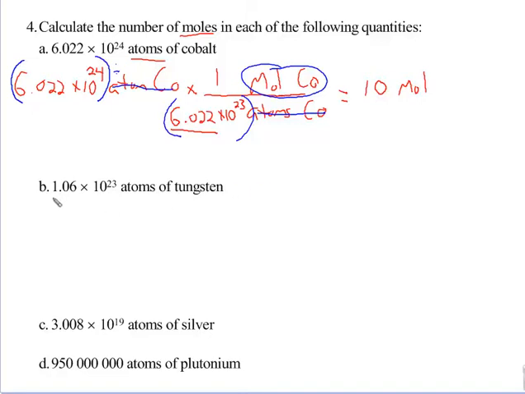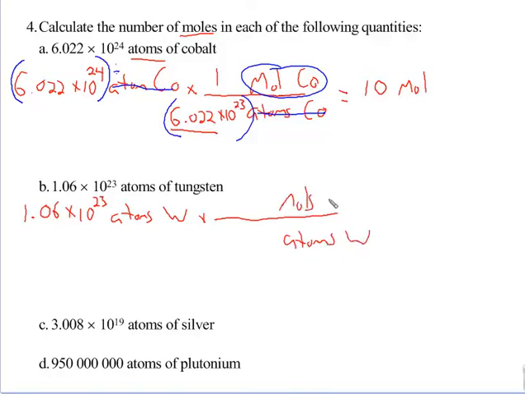Let's take a look at the second one together. It's set up the same way. 1.06 times 10 to the 23rd atoms of tungsten, which the symbol is W. It's a one-step conversion. We don't want atoms, we want moles. So we cancel this out. We're left with what we need.